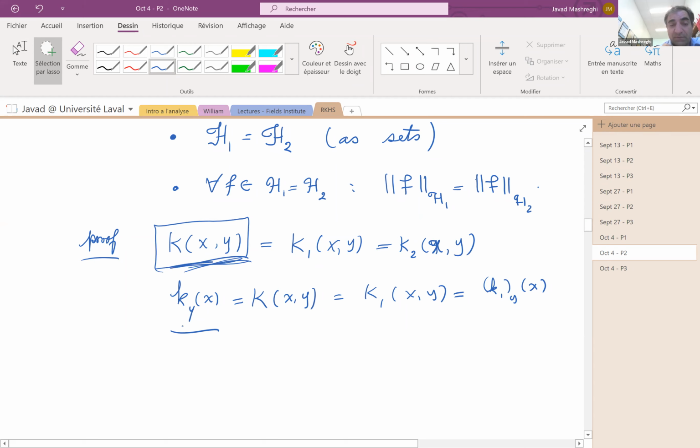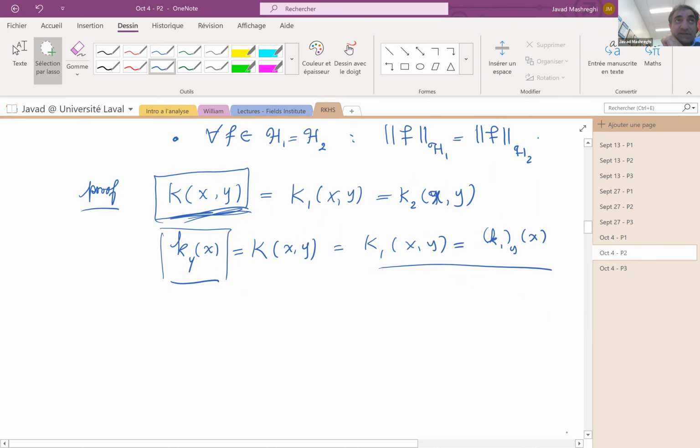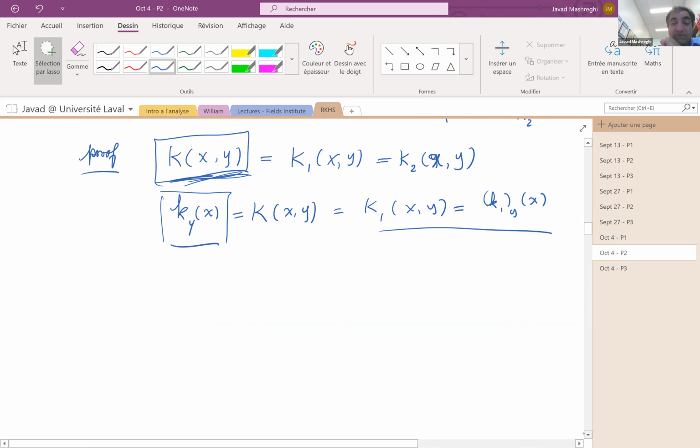And whenever I write it as a kernel function, it can be interpreted either as a kernel in a space H1 or as a kernel in a space H2. Indeed, writing this way, immediately I can define at first glance two sets, but when you look carefully, it's just one set.